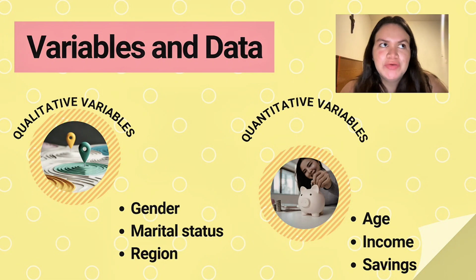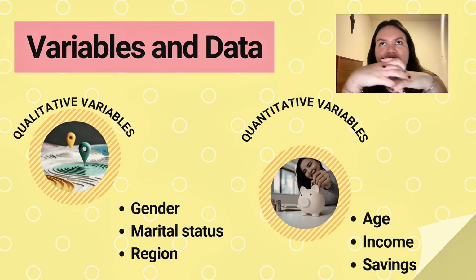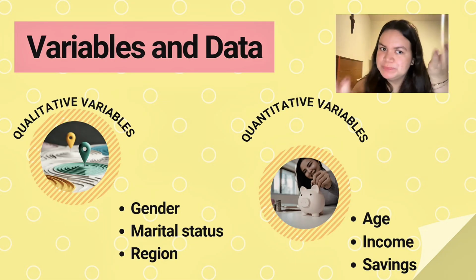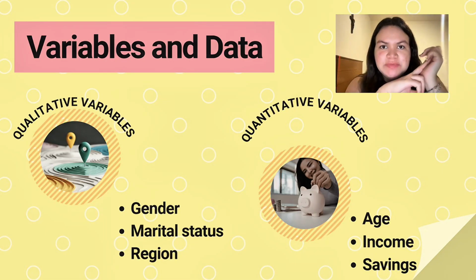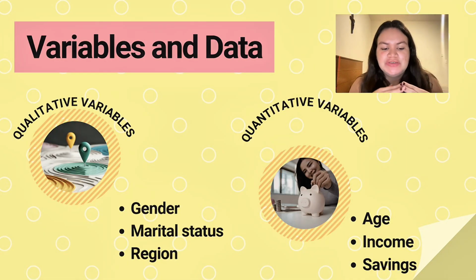Now, following with variables and data, I'm going to explain key concepts about these. For example, what is a variable? Well, a variable is anything that can change or take different values. There are two types of variables. We have the qualitative variables, which describe categories such as gender, marital status, or region.